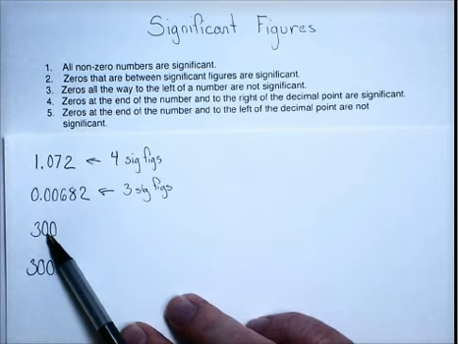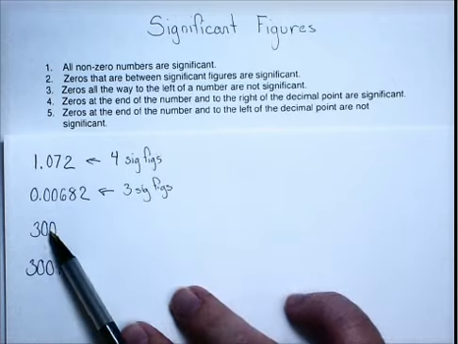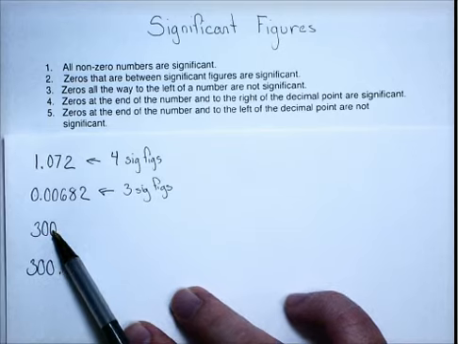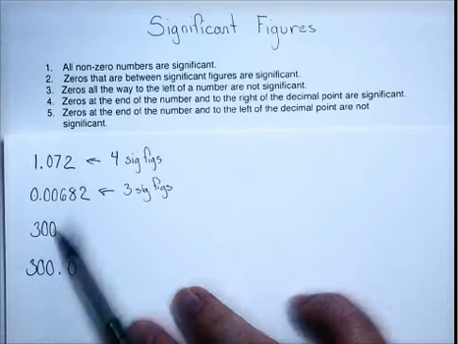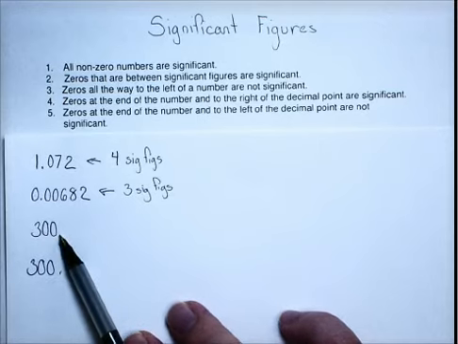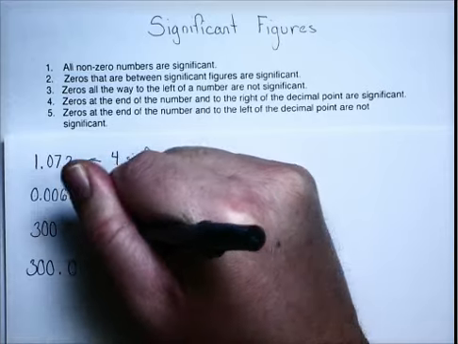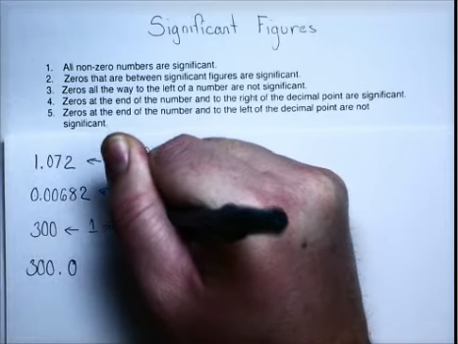So again, this is because of rule 4, if you want to point to a certain one. All right, or excuse me, rule 5, my bad. But numbers all the way at the end that are just holding up the decimal place are not significant. So this is 1 sig fig.